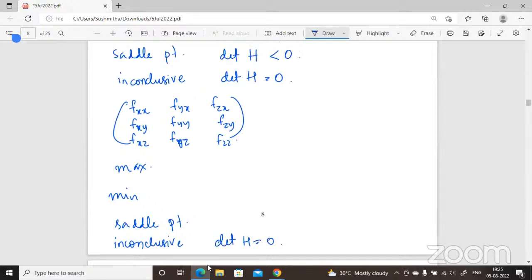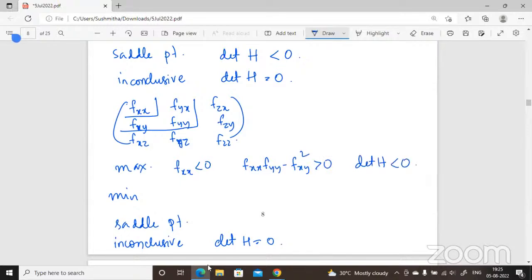So for maxima, the 1 cross 1 should be less than 0, the 2 cross 2 determinant fxx fyy minus fxy squared should be greater than 0, and the 3 cross 3 determinant should be less than 0.